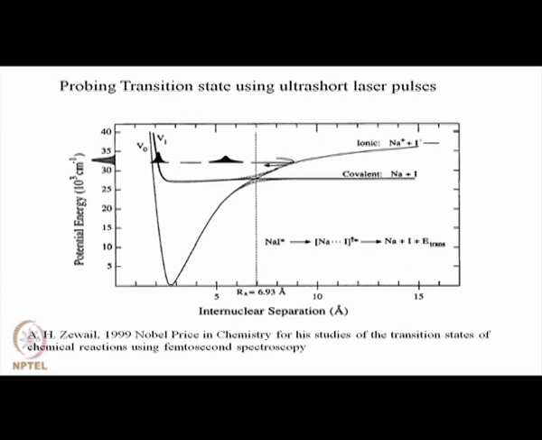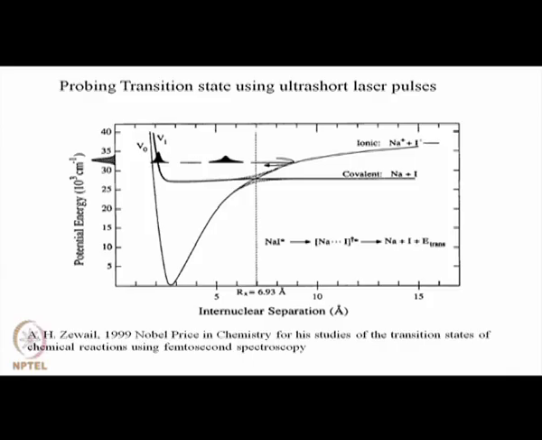Okay. I am giving you just one example, that is the sodium iodide decomposition. Now, what he has seen is that the signal his group monitored has been found to have some oscillations for the sodium iodide decomposition reaction.